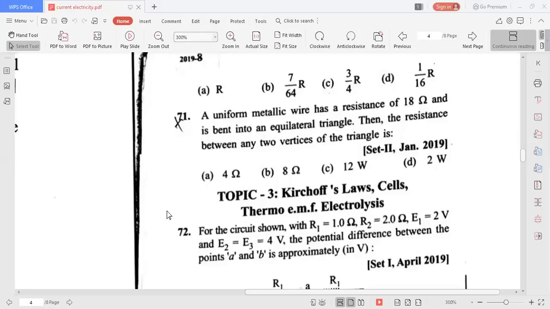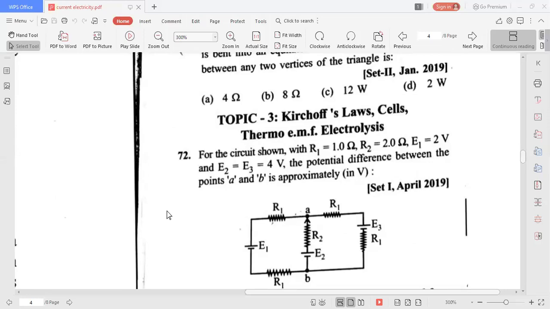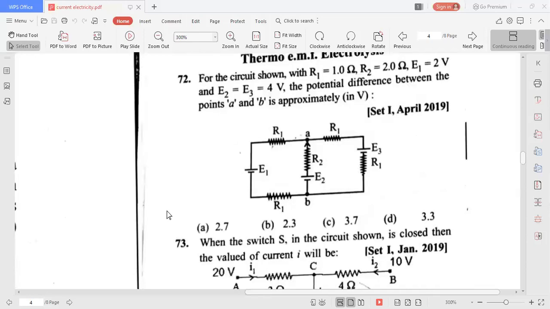Next is 72, you see. In 72, the approach is important. I think this is also an easy problem. It seems to be difficult, but it is also an easy problem. All of you read the next problem, 72.